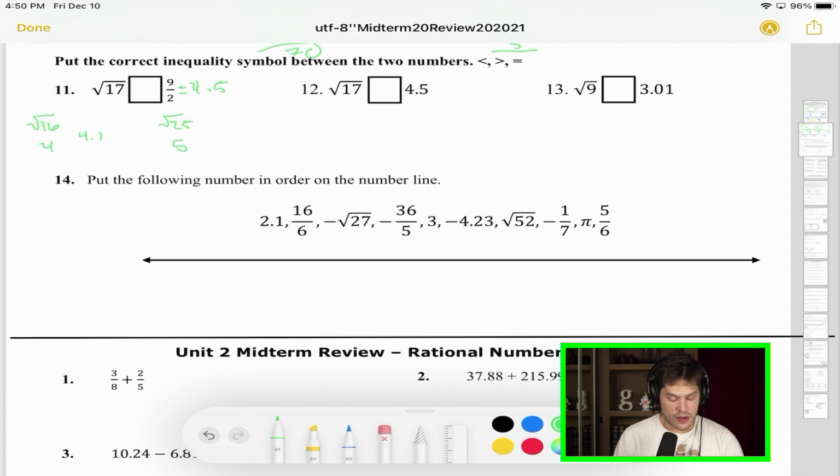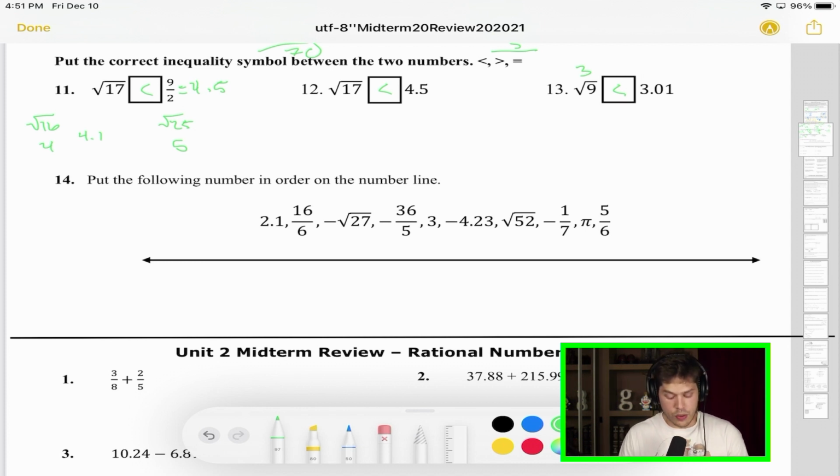So 9 halves is greater than this. This is the exact same value as 11, notice that. And then square root of 9 is 3, so greater. Okay.